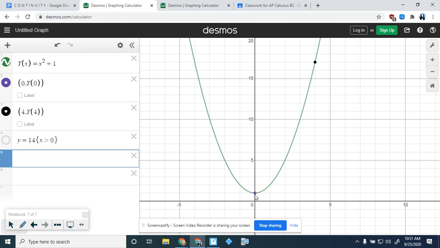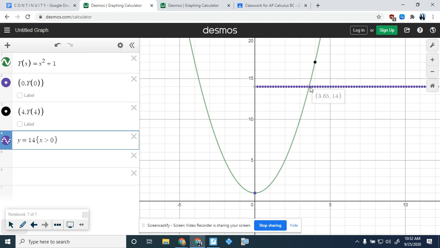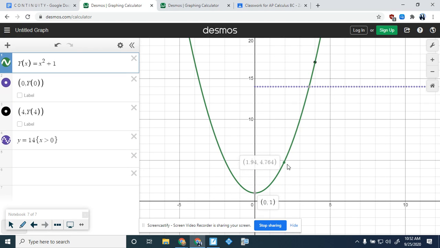Even if we made these open, we're still getting close to those values because the function is continuous there. Now you're trying to figure out, can the function take on the value 14 anywhere in this interval? Yes, it certainly can. It hits 14 right here. In fact, it's going to hit every single intermediate value between 1 and 17. And that's what the intermediate value theorem is.